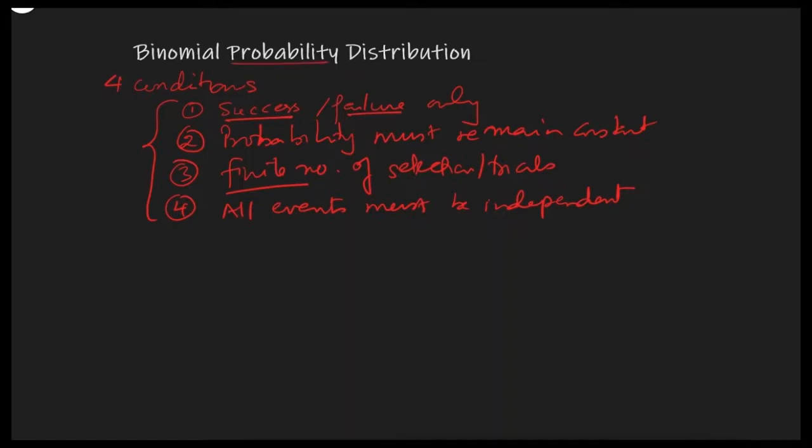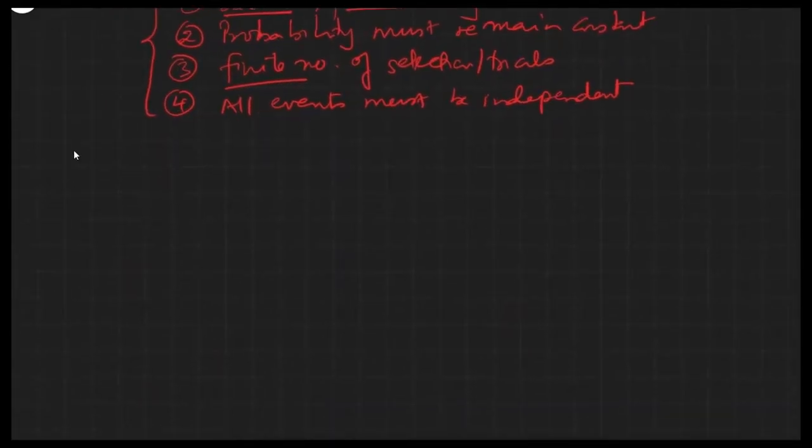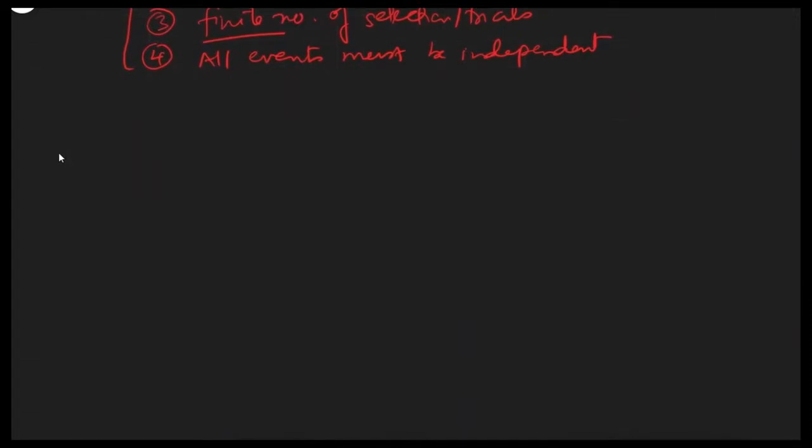So let's take an example. We go to a city, and by our experience of the past, we know that 38% of the people are left-handed. That means if I take a sample of any number of people, 38% of them are supposed to be left-handed.